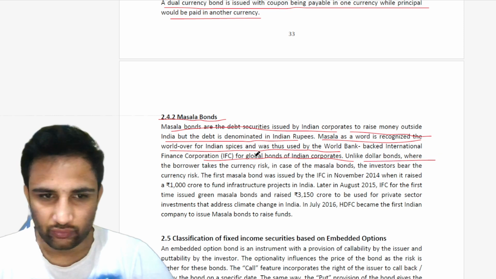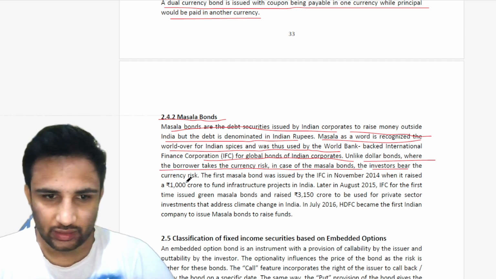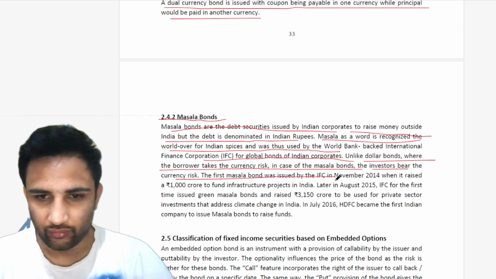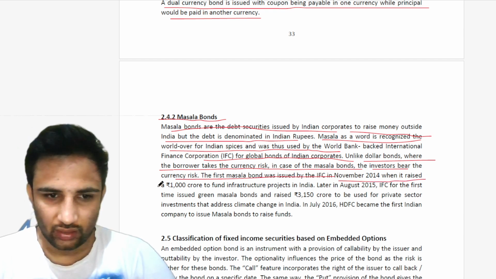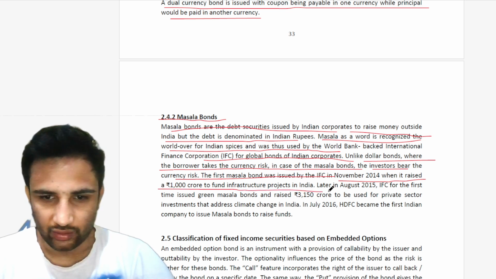Unlike dollar bonds, where the borrower takes the currency risk, in case of masala bonds, the investors bear the currency risk. The first masala bond was issued by the IFC in November 2014, when it raised 1,000 crore to fund infrastructure projects in India.